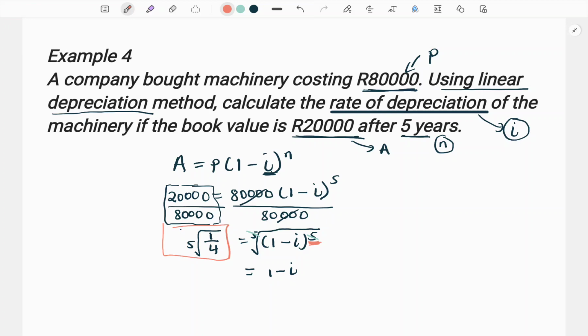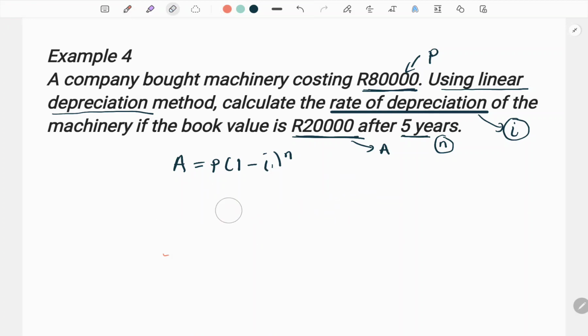Oh, I made a mistake. I'm so sorry. I made a mistake. You are supposed to use the linear method. So we're going to use the linear depreciation method, which is A is equal to P 1 minus i n.